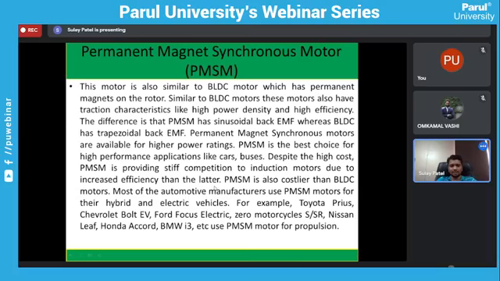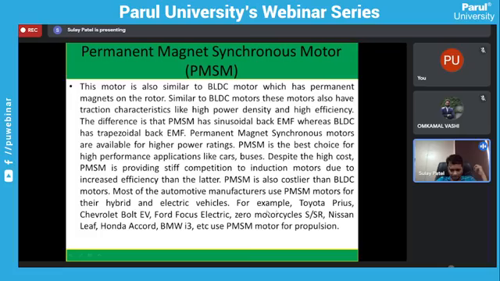PMSM is also costlier than the BLDC motor. Most automotive manufacturers use PMSM motors for their hybrid and electric vehicles. For example, Toyota Prius, Chevrolet Bolt, Ford Focus Electric, Zero Motorcycles, Nissan Leaf, Honda Accord, BMW i3, etc. use PMSM motors for propulsion.